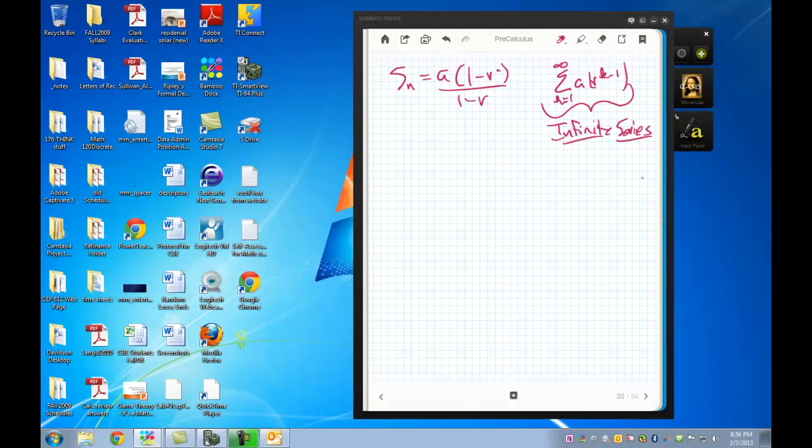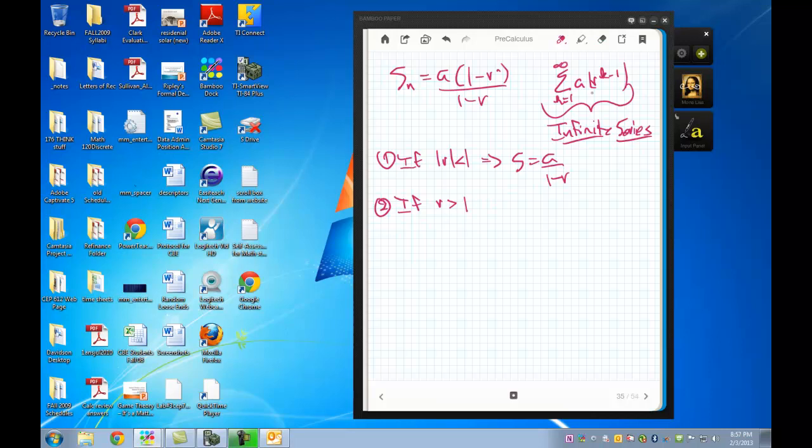All right, now again, we know 1. If absolute value of r is less than 1, this implies that s equals a over 1 minus r. Guaranteed, free of charge. 2. If r is greater than 1 as opposed to 0, then what's going to happen?